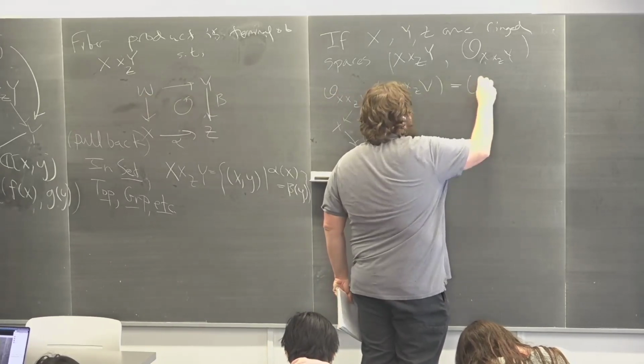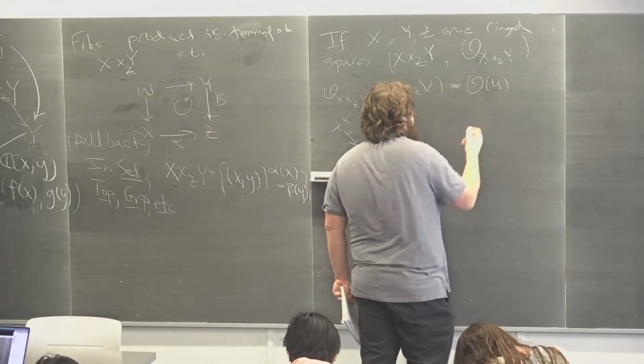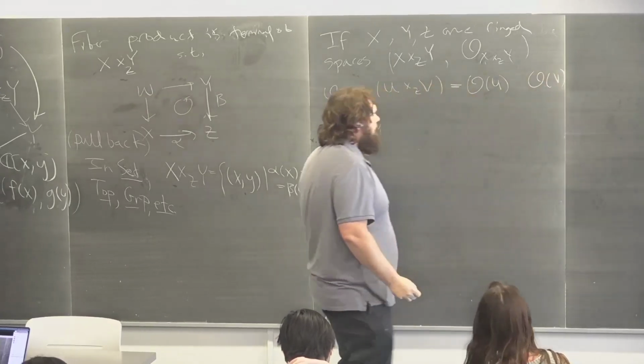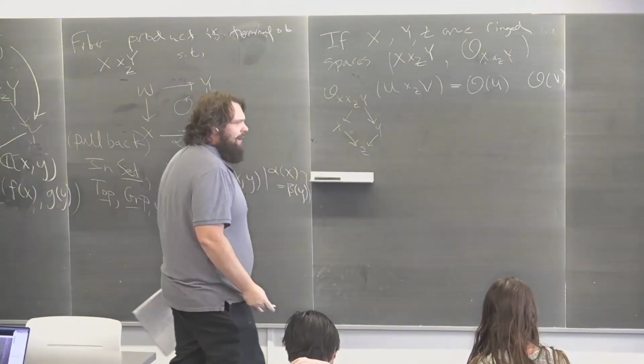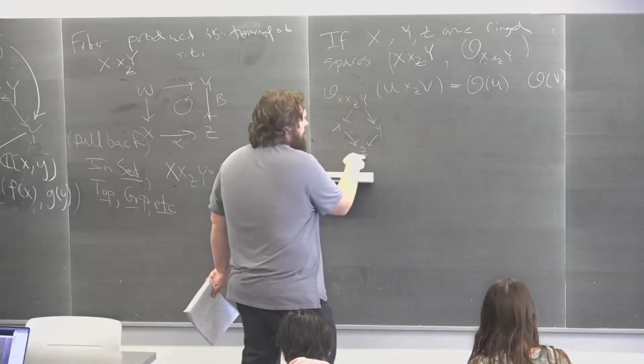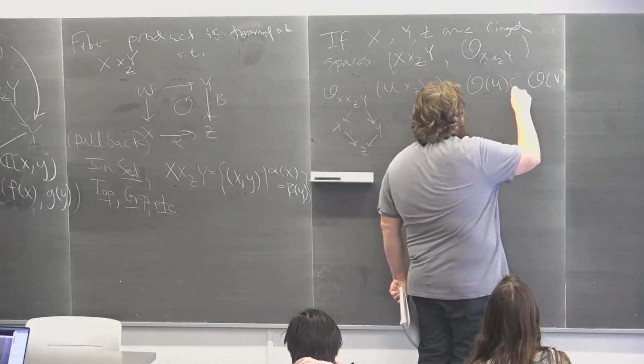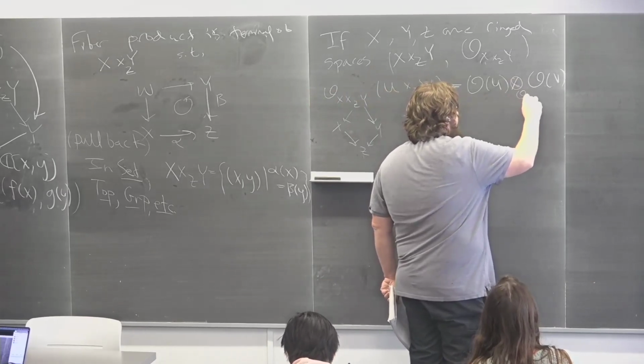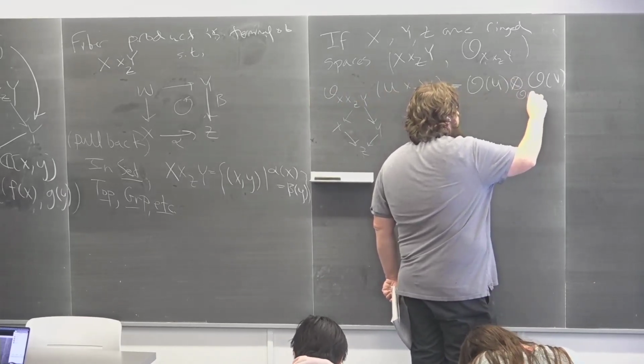Right, so the sort of obvious guess to put here is something I take functions on O of U and O of V, but then I have to somehow account for this Z here. So I'm going to be a little bit sloppy here.